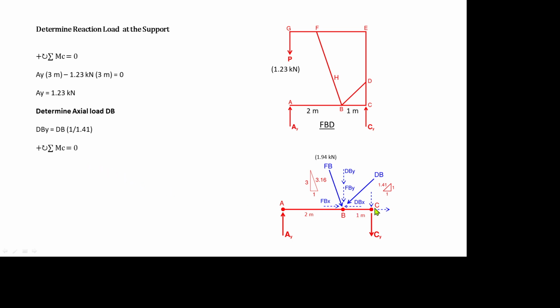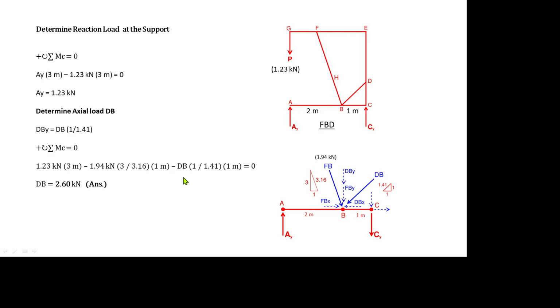Now, with respect to point C, so 1.23, which is EY, times the moment arm 3 meters, minus the vertical component of FB, which is 1.94 times 3 over 3.16, times the moment arm 1 meter, then minus DB, counterclockwise, vertical component 1 over 1.41, times 1 meter, equal to 0, equilibrium.